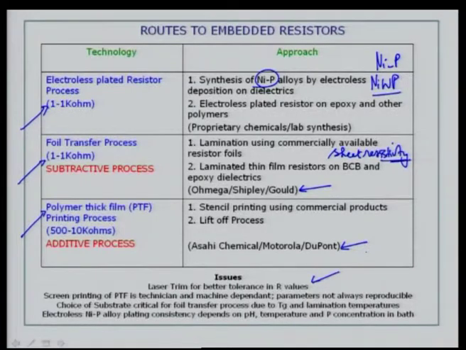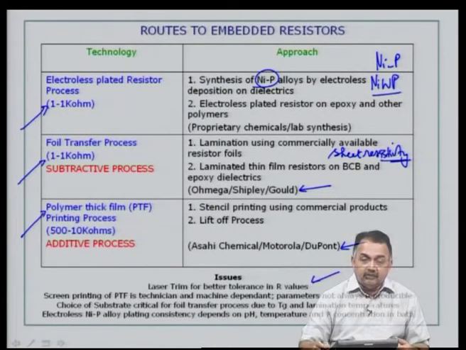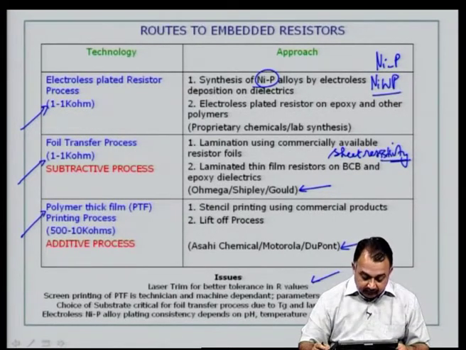Screen printing, if you are choosing, is dependent on the technician and the process control that you have, including the ink, the squeegee, the dispense volume and so on. So, parameters could be difficult to reproduce, but then with experience it could be possible.